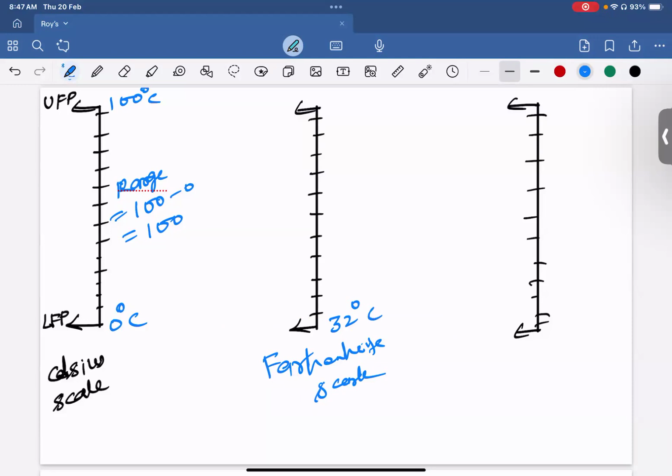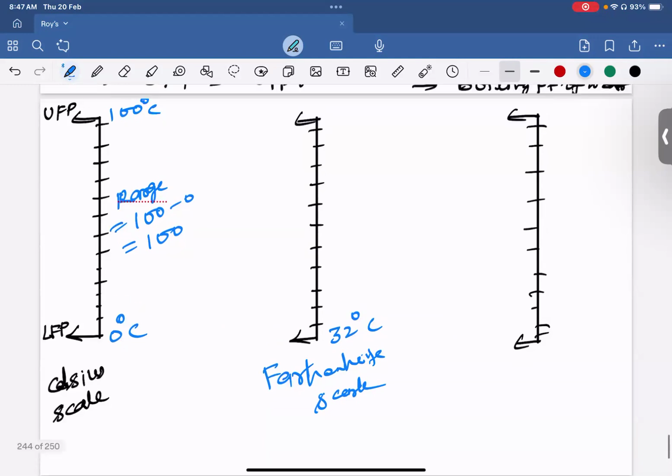And upper we fix as 212, that is boiling point of water, 212 degree Fahrenheit. And the range here that you are taking is 212 minus 32, that is 180.